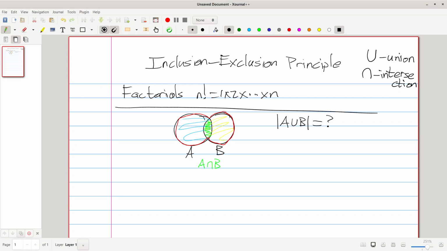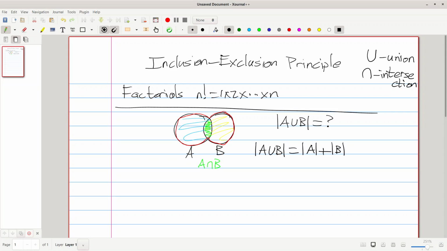Now, if these sets don't overlap, if they don't have anything in common, then I could just say the number of elements in the union would be the number of elements in the one set plus the number of elements in the other set. That's if they don't overlap.